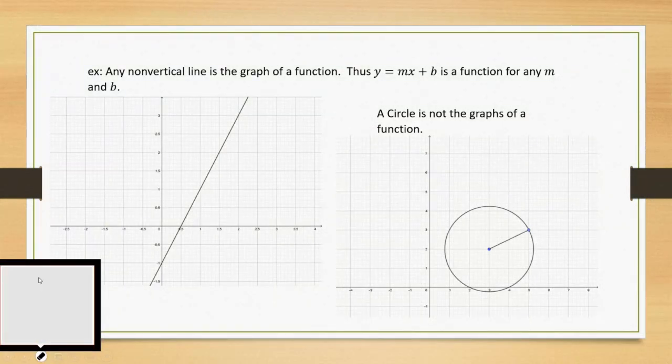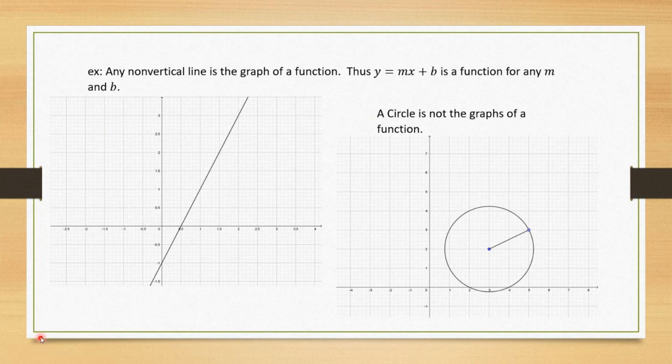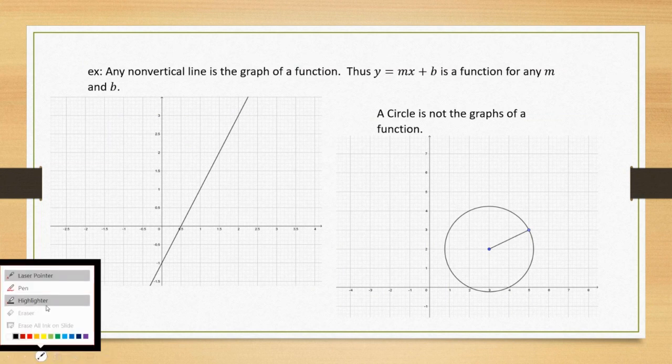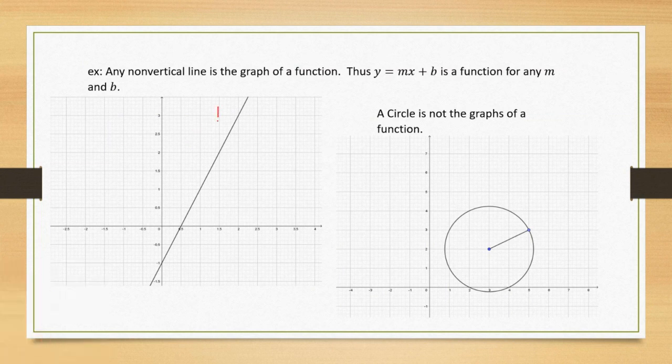Hopefully, from a non-vertical line, it might take a little visualization, but you can see that any vertical line I draw will cut through this graph only once. Any vertical line I draw will intersect this graph no more than one time. So this line is the graph of a function.